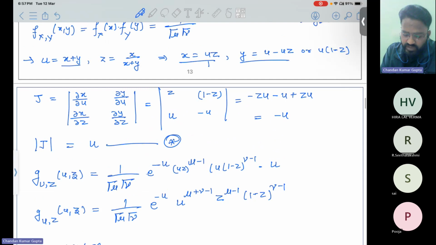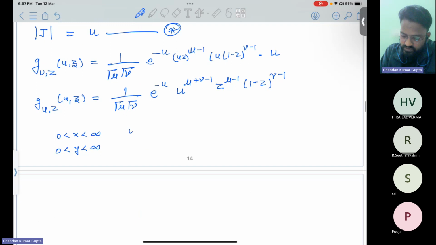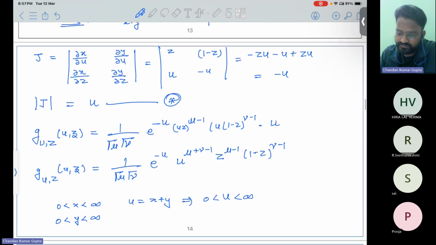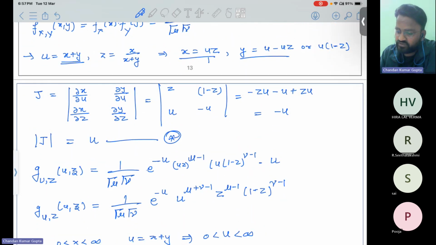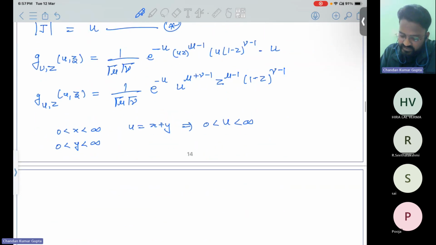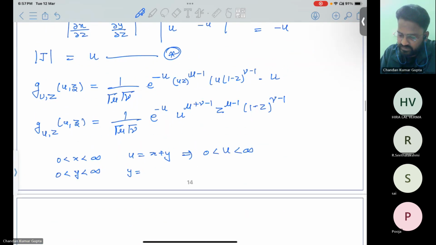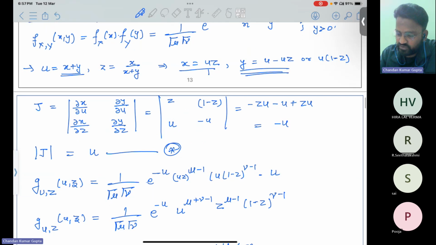So u equals x plus y. Here it is clearly the range of u is 0 to infinity. And y equals u minus uz. From here, y equals u minus uz.